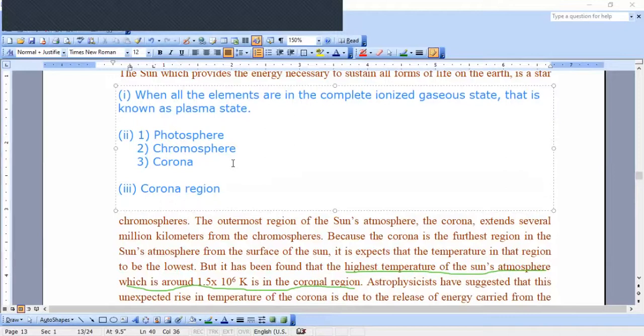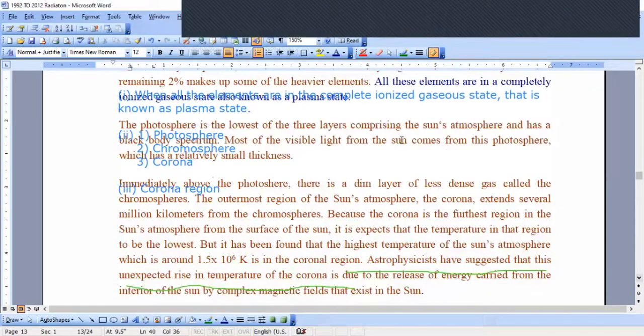They asked us to give the reason also. Astrophysicists are scientists who have learned a lot about the universal objects, stars, suns, comets, and those things. Astrophysicists have suggested that this unexpected rise in temperature of the corona is due to the release of energy. We have to go one more line below.